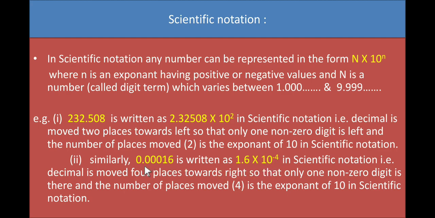Therefore, 0.00016 is written in scientific notation, that is standard form, as 1.6 into 10 to the power minus 4. Okay. Now I think you all understand the scientific notation and the standard form.